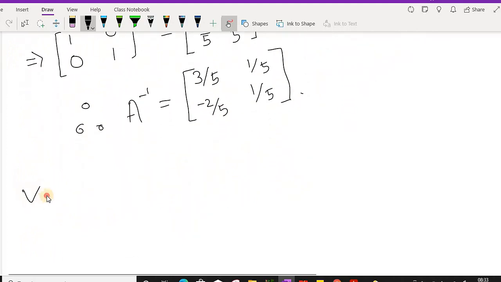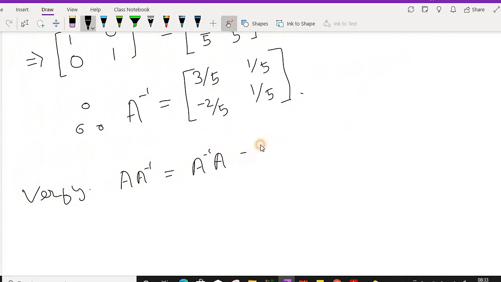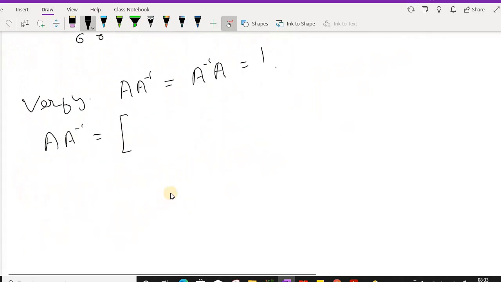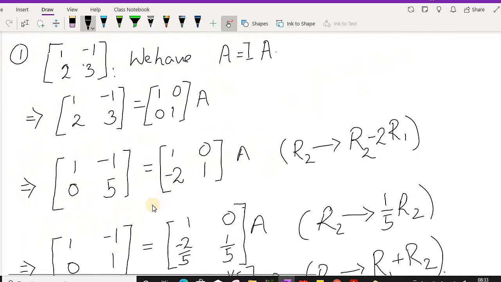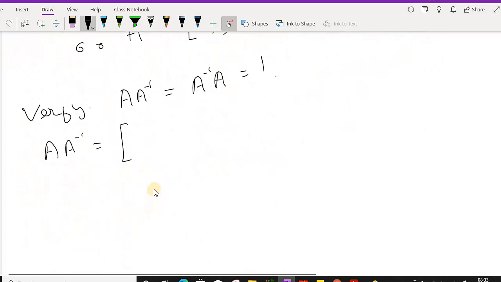Okay, this is the inverse. So you can verify this. Verify A into A inverse is equal to A inverse into A equal to the identity. Now see what is A into A inverse. A is 1, minus 1, 2, 3.